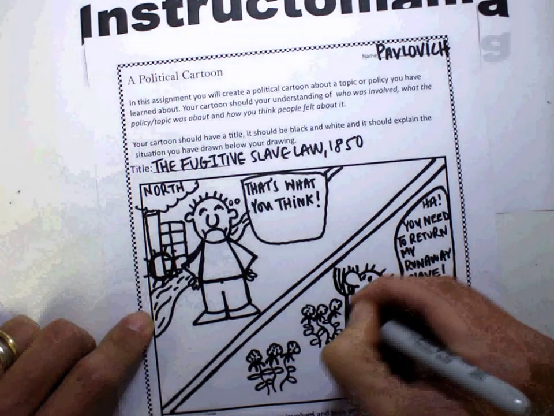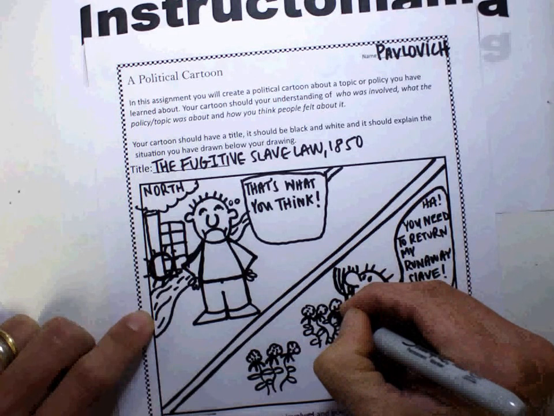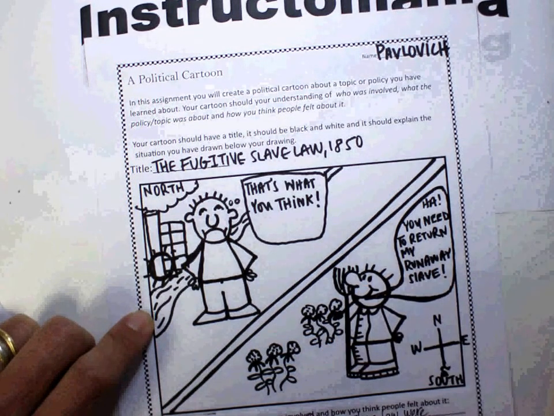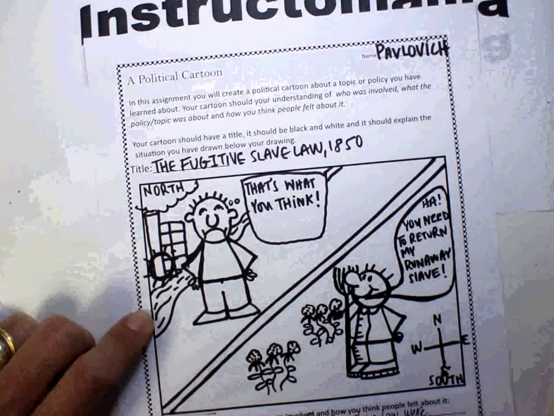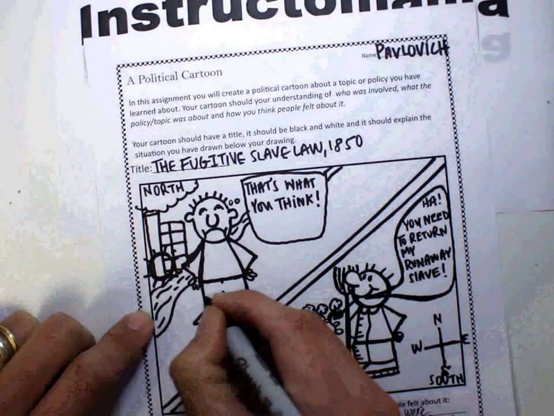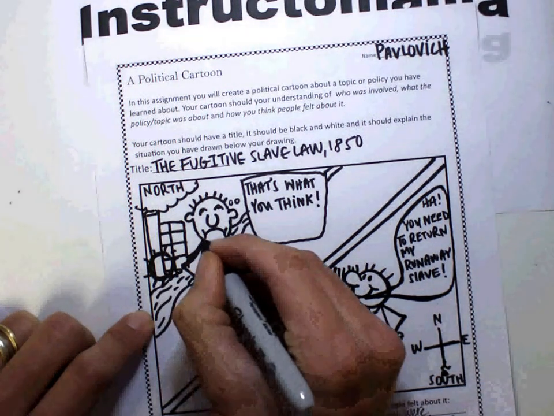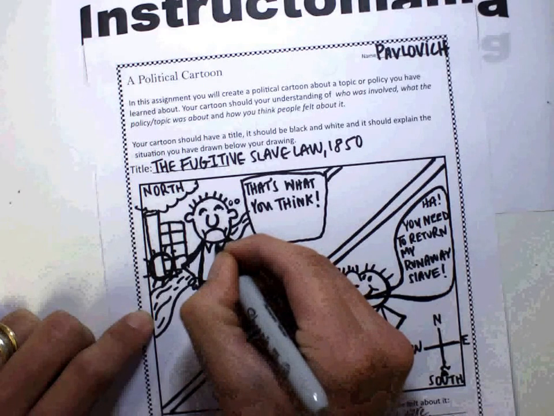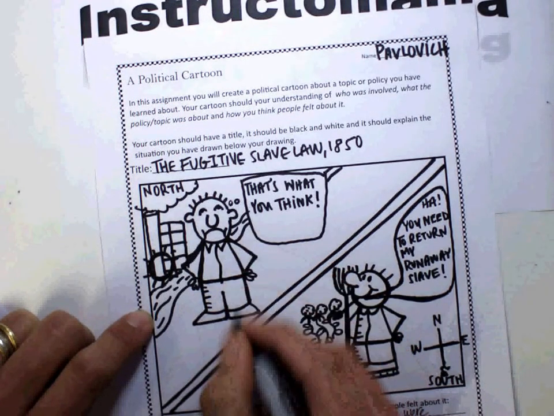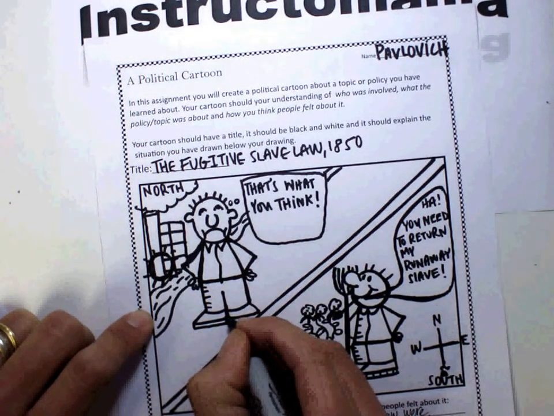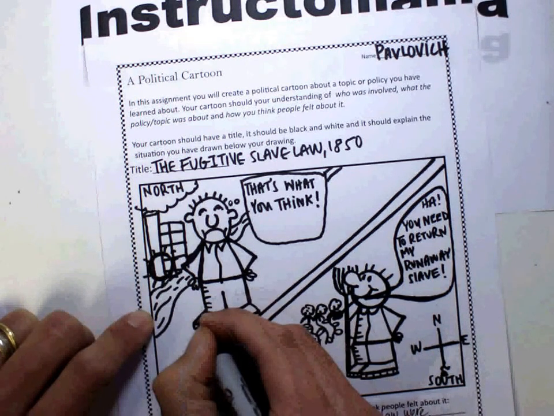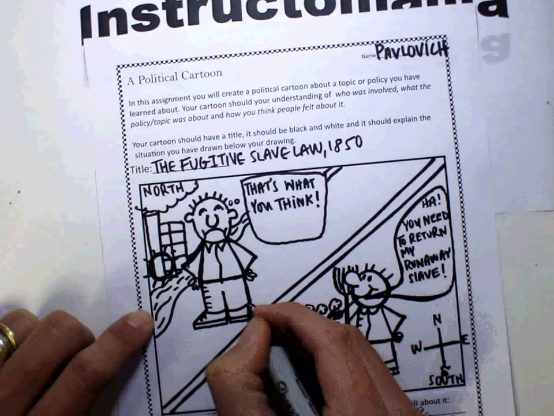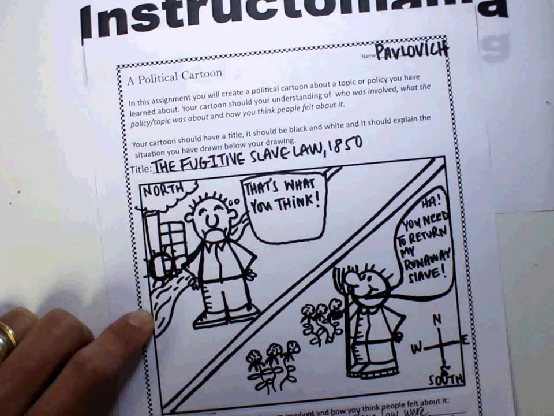Or maybe you could do a little thing coming out of his mouth too, like a grain. Okay, and this guy will give him some shading too, maybe a shirt, some shoes, a little more interest on it.